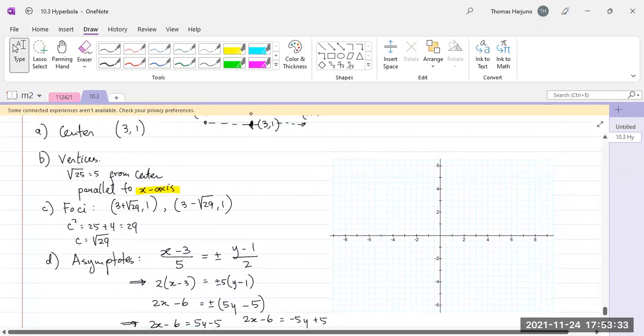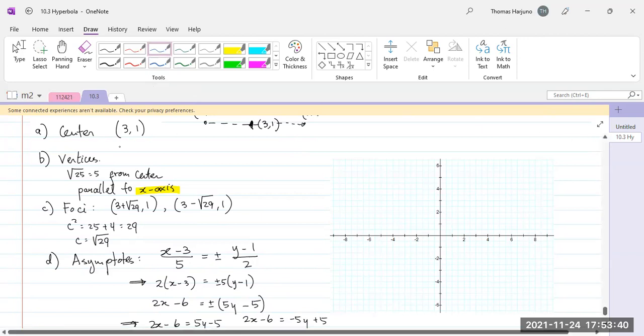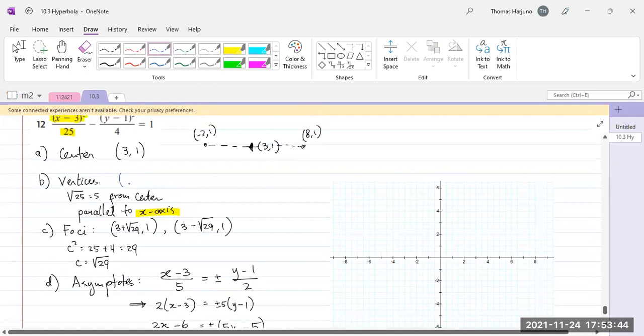Okay, so the vertices are, oh, I didn't write it down, did I? The vertices are 8,1 and negative 2,1. So the center is 3,1.